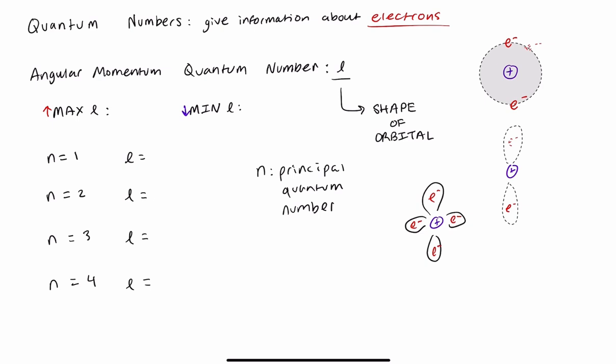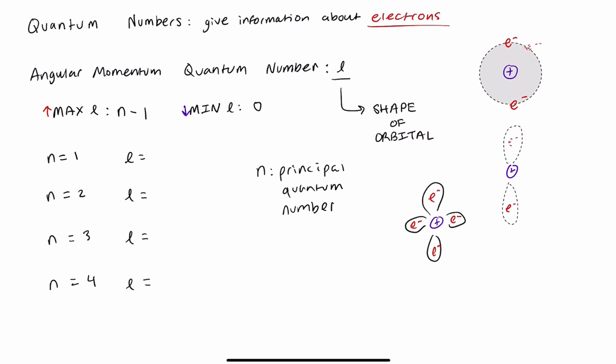It is related to the minimum and maximum values for L. The maximum value of L is n minus 1, all right? So if n was 5, then the maximum value for L would be 4, and so on. The minimum value for L is always going to be 0. Can't have a negative value for this. We're going to say the floor is at 0 for L.